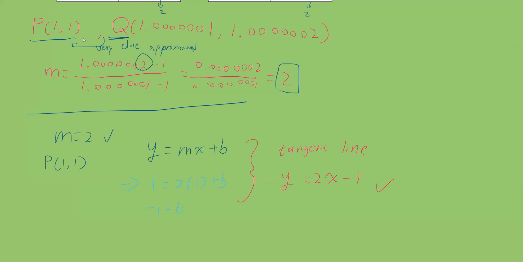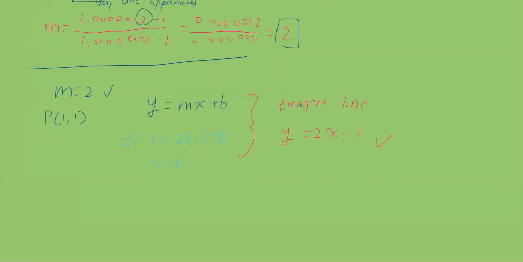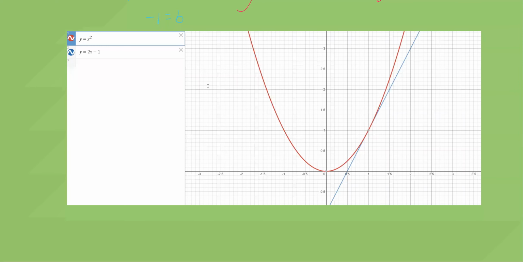Okay. All right. So let's be a little more specific. Tangent line of y equal to x squared at (1, 1). Next, let me graph this on Desmos and show you guys. The red line is our parabola, y equal to x squared, and the blue line is our tangent line at (1, 1).